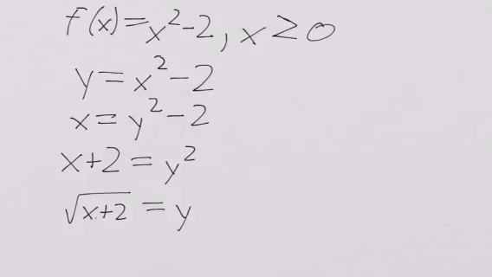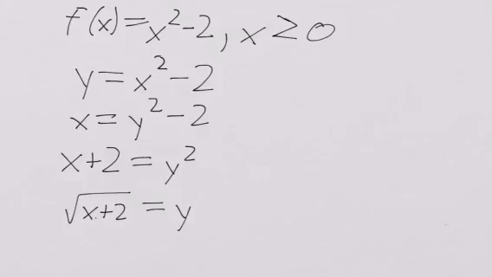I only need the positive square root, or I should say non-negative, because it is possible that we could have x equal to negative 2 down there. Square root of 0 is 0. So we're only going to be interested in the non-negative root there, so I don't need to put a plus or minus on that.